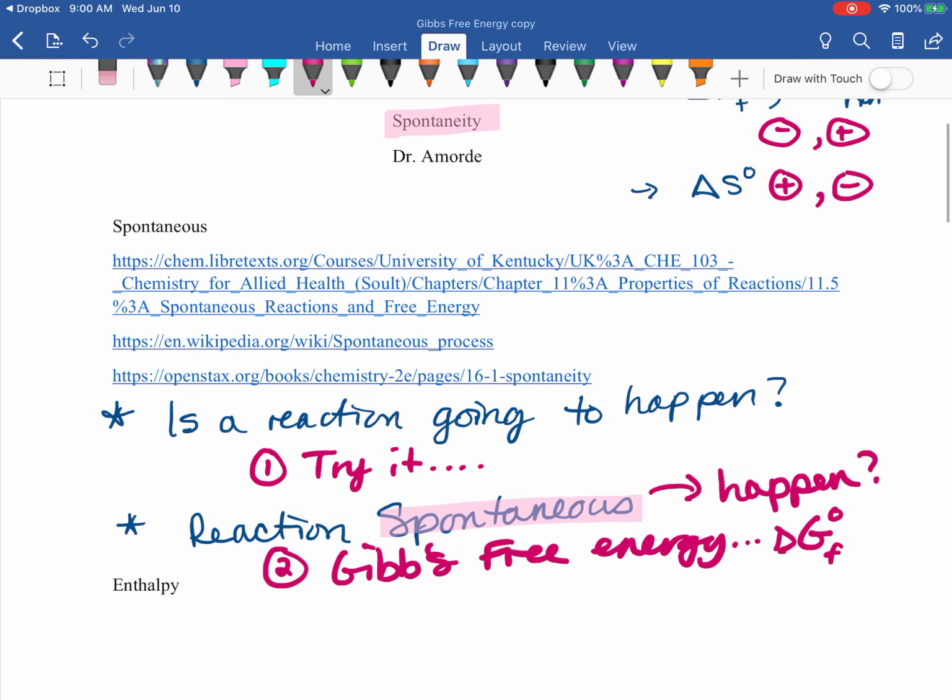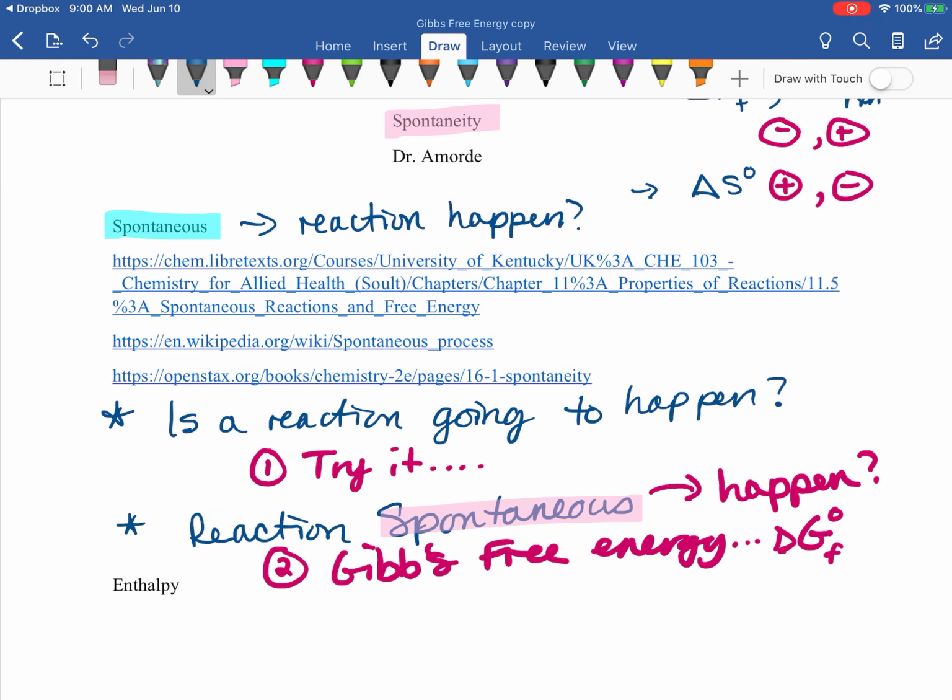Let's review just really quick. What does spontaneous even mean? It means for us in chemistry, is a reaction going to happen, and will it happen without external factors, without your help?